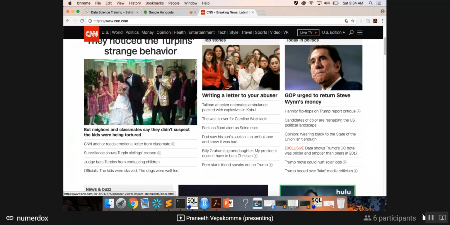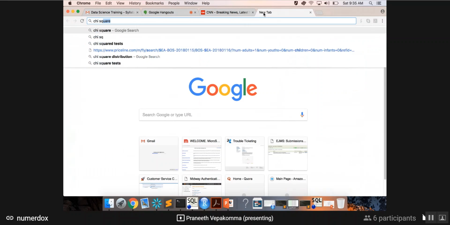Similarly, if this goes here versus here, then maybe CNN figured out that in this combination of left and right, with this on the left and this on the right, you are getting the best of both worlds. Although your reduction in click-through rate is somewhat there, the gain in click-through rate here is much higher. So you're looking at the difference in click-through rates, the difference in proportions, right? How do you compare proportions? That is what is known as a chi-square test.